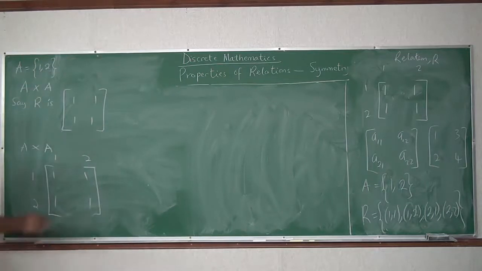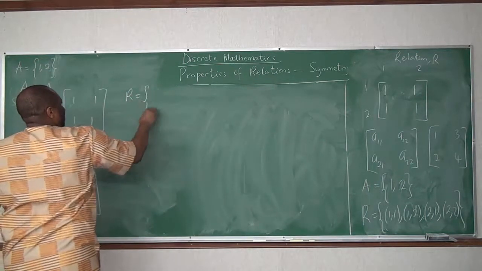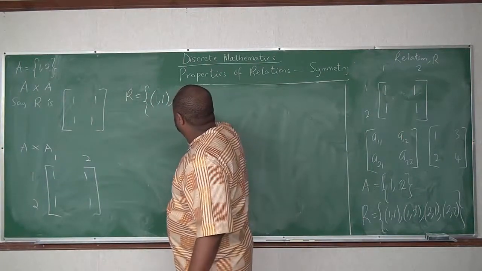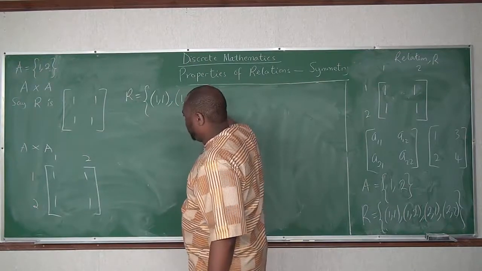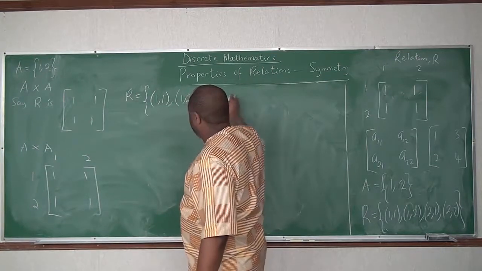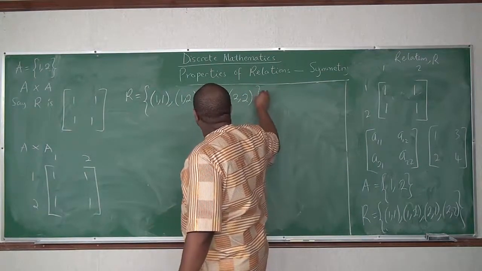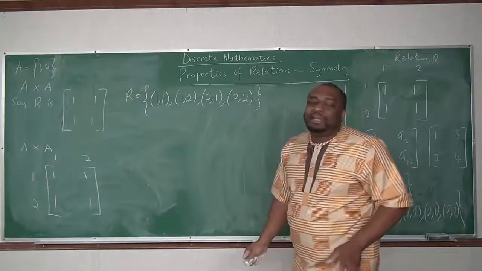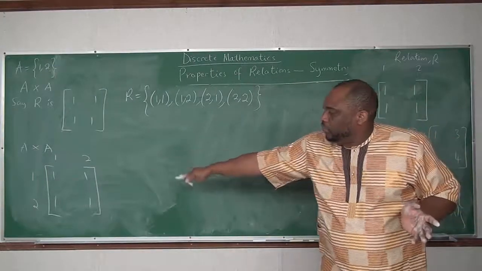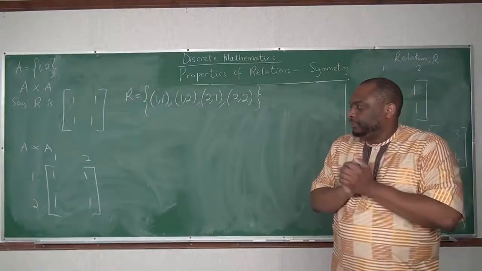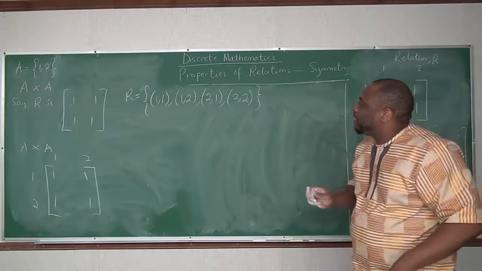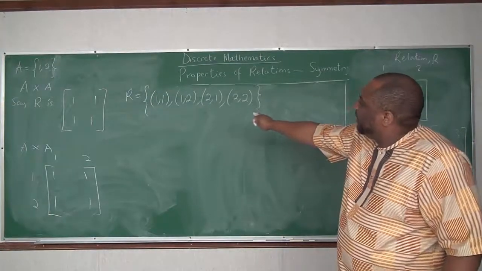So this shows that the relation is actually 1, 1, 1, 2, 2, 1, and 2, 2. That is what it means. Even if they give you the relation in matrix form, you know this is what they did to get it. It has 2 elements in the set.